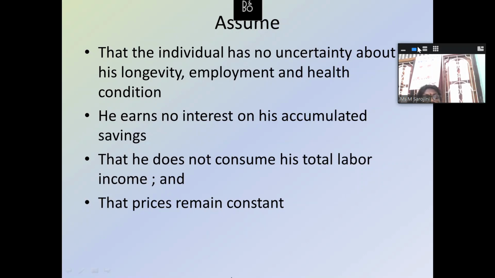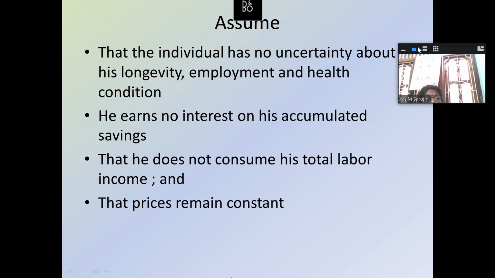That means presently, once we earn the income, not the total income is spent on consumption purposes. The income goes to consumption as well as saving.